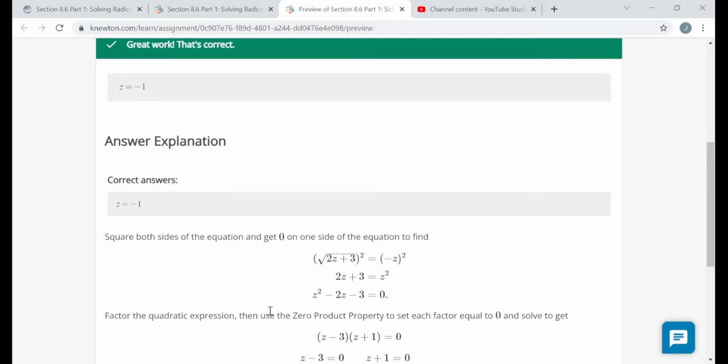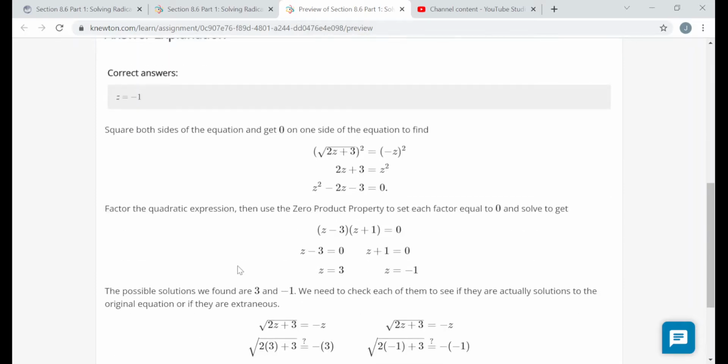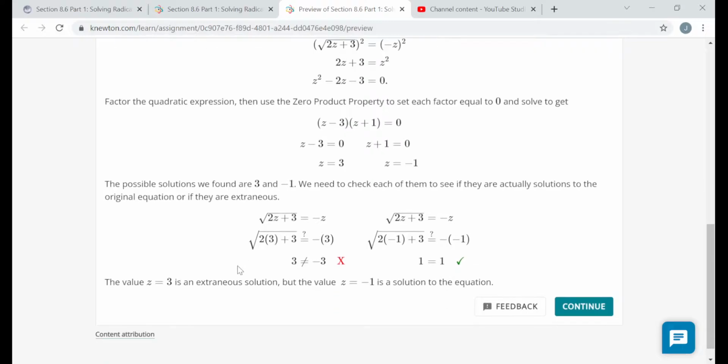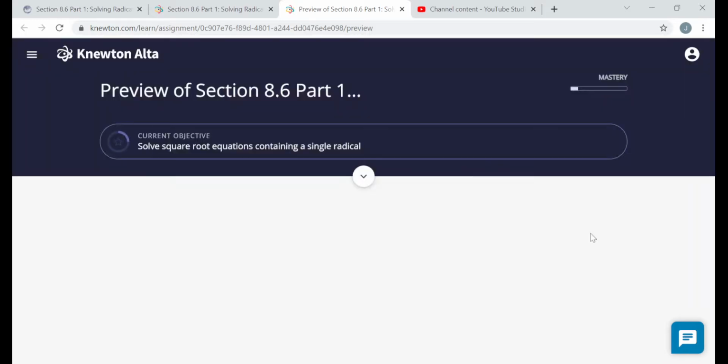Or maybe they go through an alternate method that you might like better and you can use in future questions. Now, if you got it wrong, definitely read through the answer explanations and try to figure out where you went wrong, why you were wrong, and hopefully you can learn from your mistakes for future questions. All right, next question.